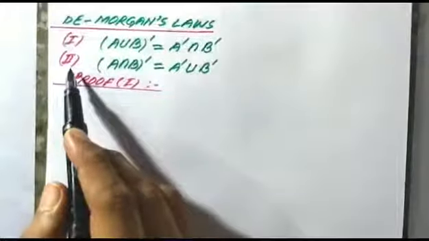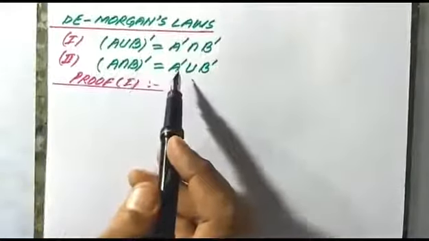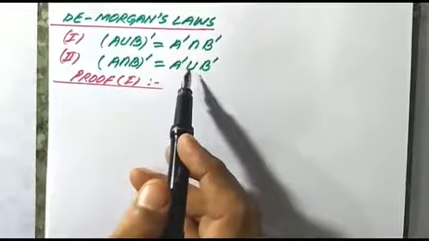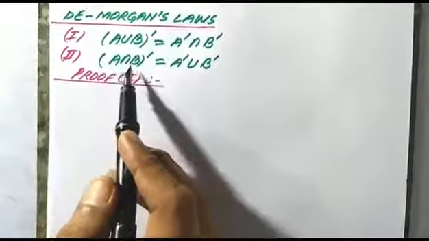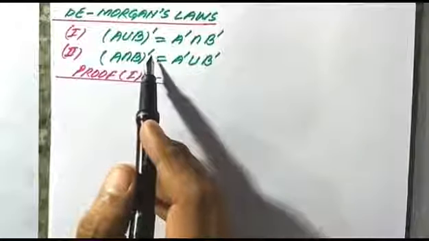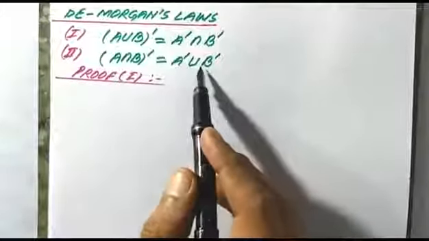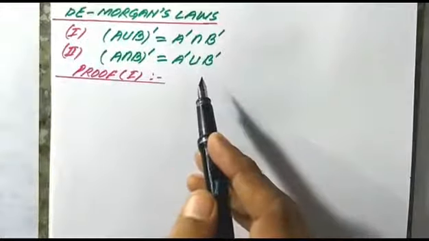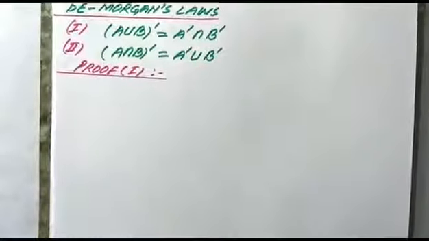And the second one is (A intersection B) complement is equal to A complement union B complement. Again, if inside the bracket there is an intersection operation whose complement we have to take, that is equal to the union of the individual complements of the sets. So these are called De Morgan's laws, and we are going to prove the first De Morgan law.